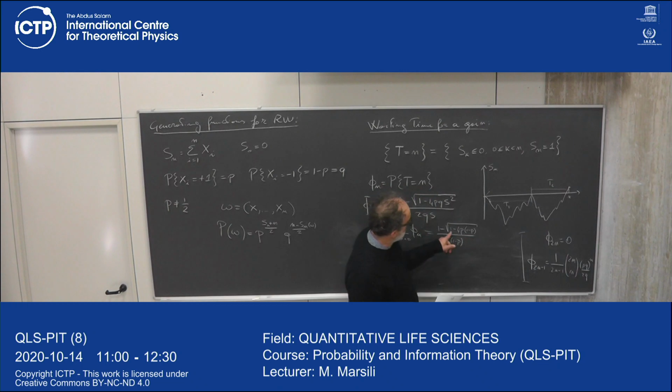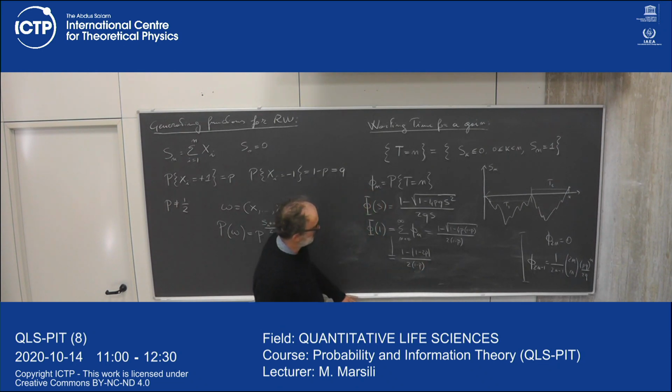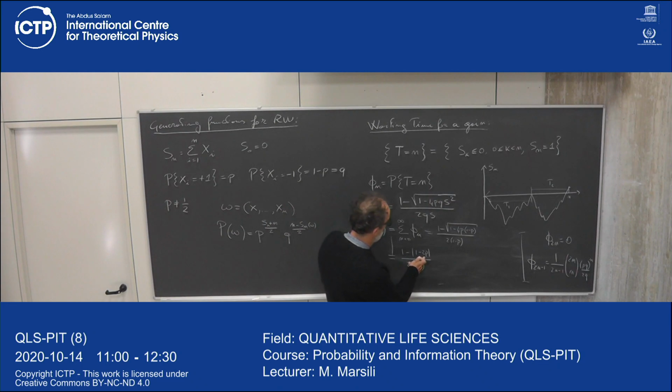So you see that this 1 minus 4p plus 4p squared is 1 minus 2p squared. Under the square root, this is just 1 minus 2p absolute value divided by 2 times 1 minus p. And now, let's start with p larger than 1/2.